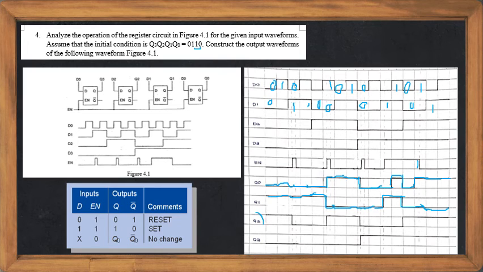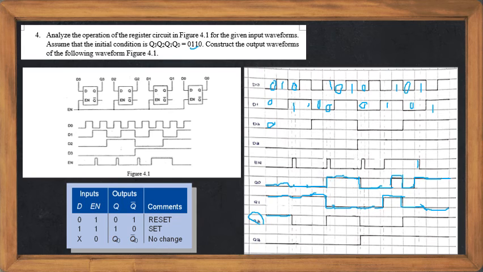To find the output of Q2, the initial of Q2 is 1. So when D is 0 and the enable is 0, the output will be no change.